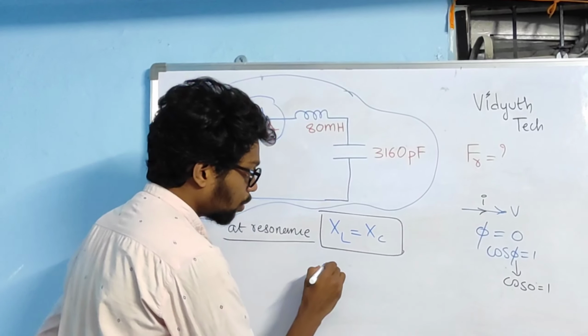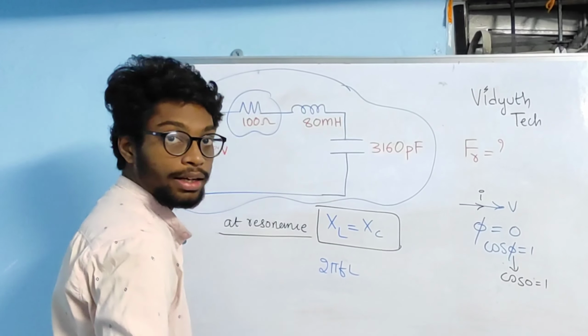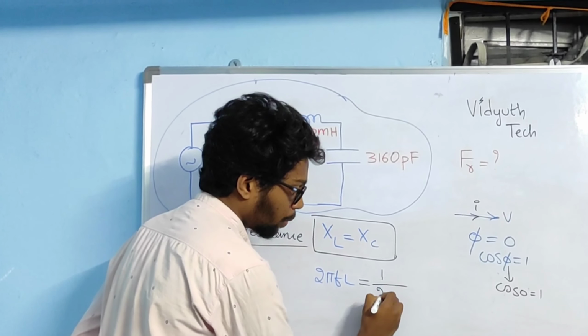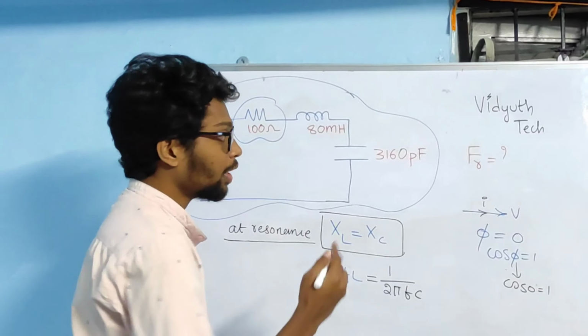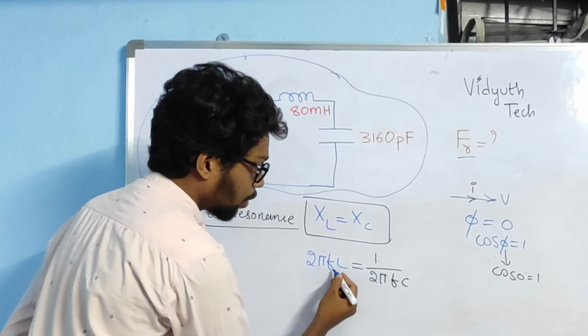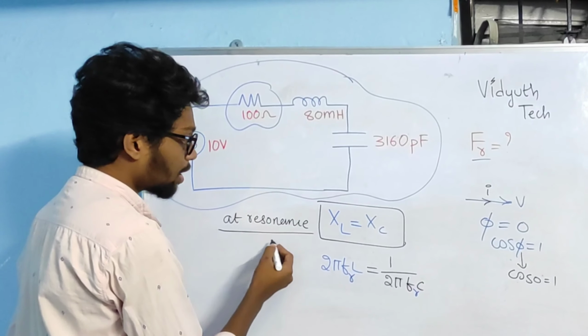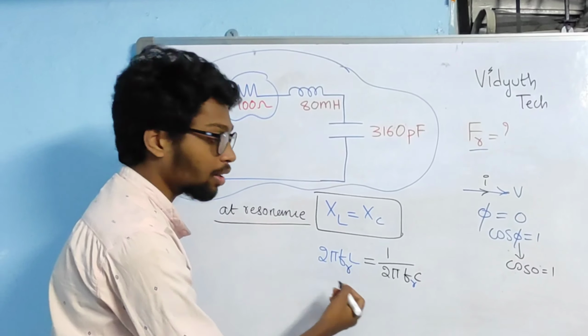We know XL is equal to 2 pi FL, where XC is equal to 1 by 2 pi F into C. As we have to find resonance frequency, I am taking frequency at resonance, so I have taken F as FR.